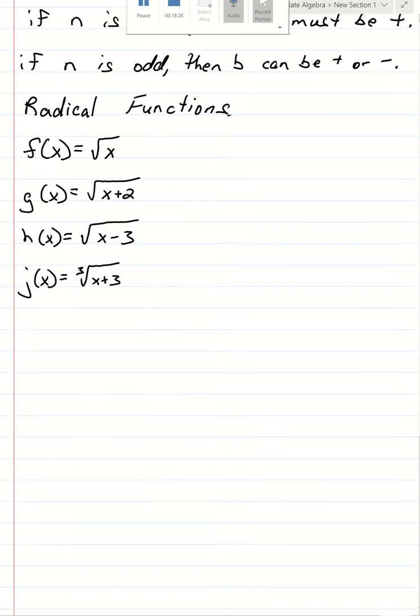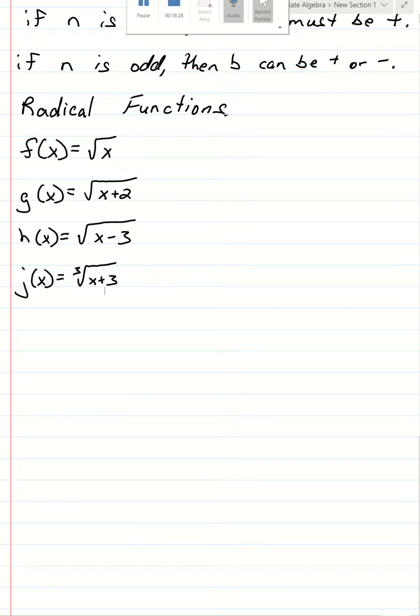Now, just like before with functions, I could ask you to do a couple of different things. I could maybe ask you to evaluate. Recall, when we evaluate a function, I have to give you the x value to substitute in, because that's your domain, that's your input.